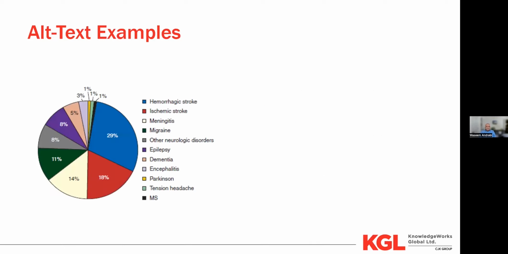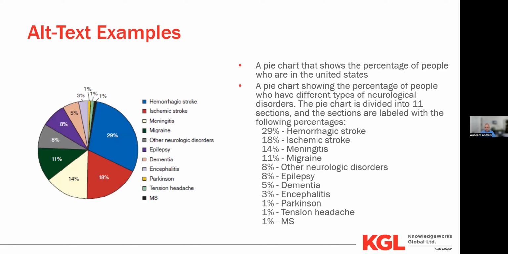The most success that we saw was with simple graphs and charts. So something like this, for example, again, earlier in the year, one of the AI models came up with a pie chart that shows the percentage of people who are in the United States. We have no idea why it said that, because that's clearly not what it is. But recently, this is the result that we got, which was a fairly good description of what was going on within this chart.